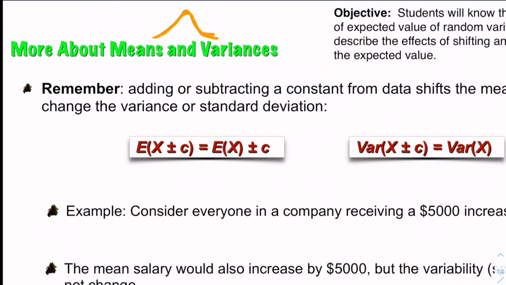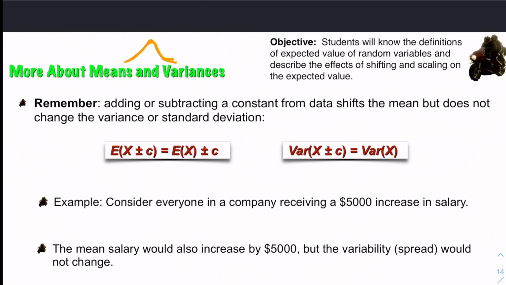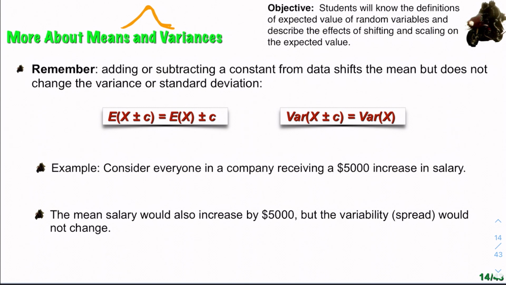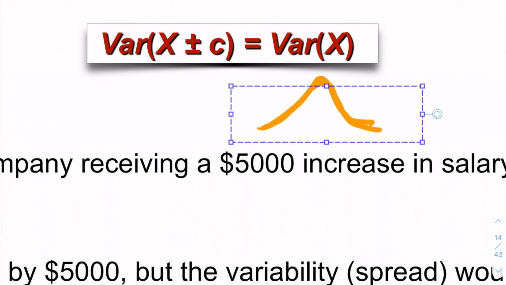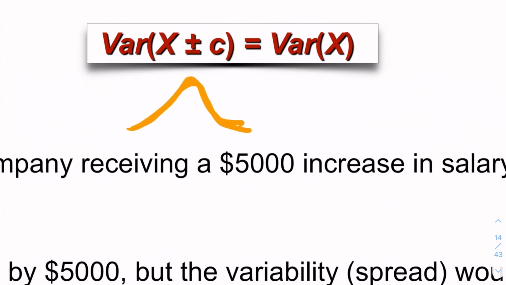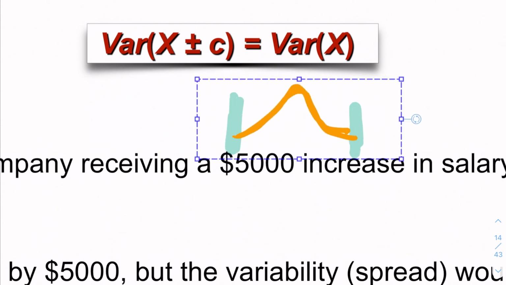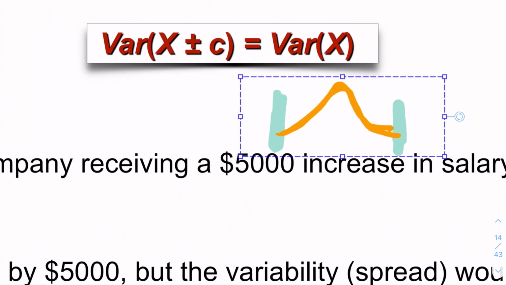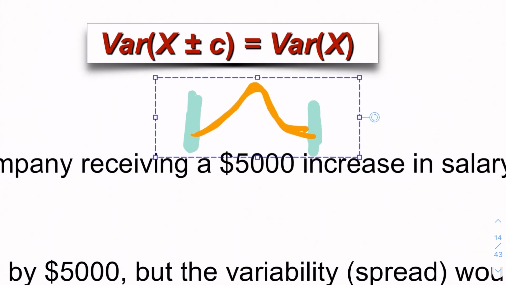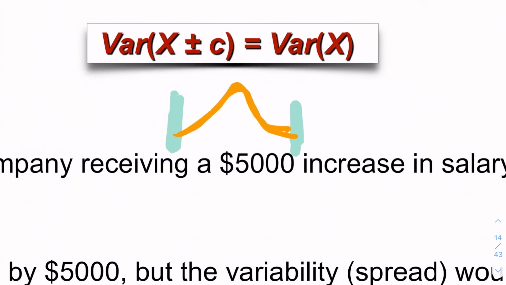So adding or subtracting a constant from the data shifts the mean, but does not change the variance or standard deviation. Now, why is that? If I'm just adding or subtracting to every value, the spread is staying the same. It doesn't matter where this is located. I'm moving the mean, so the mean is going to change by some added or subtracted value, but the variance stays the same.